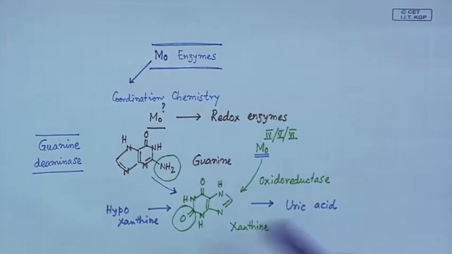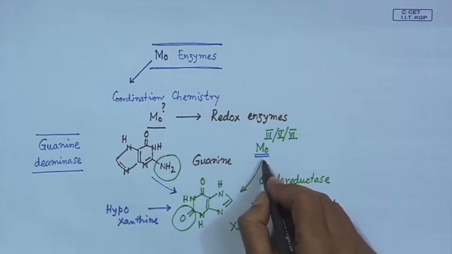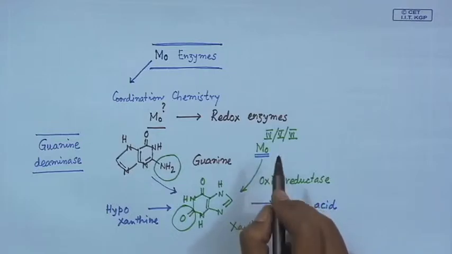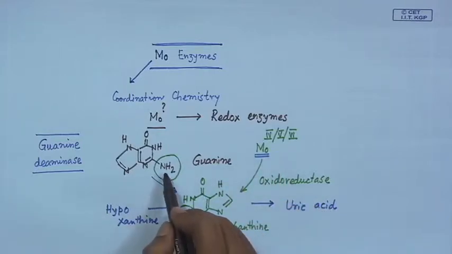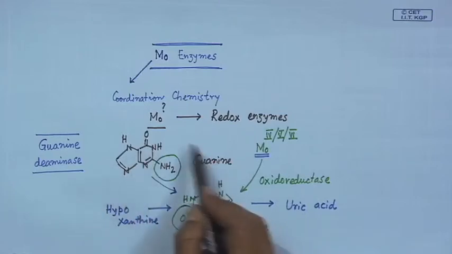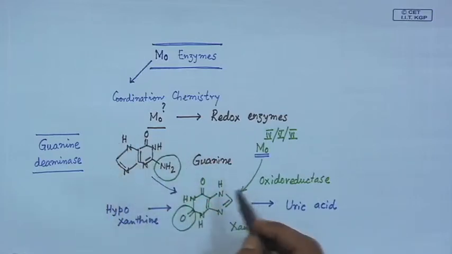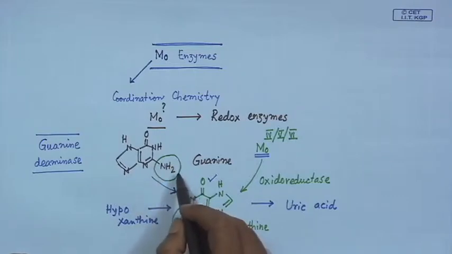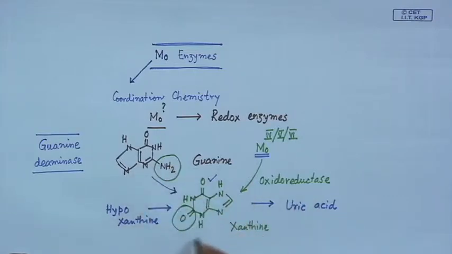So, we can think that this molybdenum center is doing some reaction where you can take out or add oxygen units on the heterocyclic ring. Already in the guanine molecule, the parent molecule, we have this oxygen function on it. Now, we are attaching another oxygen function by removing this NH2 group from the parent molecule. So, this is basically a molecule which has 2 oxygen atoms on the ring.